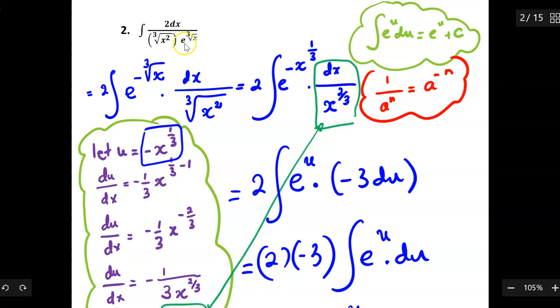So if you let u equal to this exponent of e, then you have to think: why do I let u equal to the exponent of e? Because I want to target this formula. When you want to apply this formula, then the integral of e raised to exponent u times du is e raised to exponent u again plus c, the exact same thing again plus c.